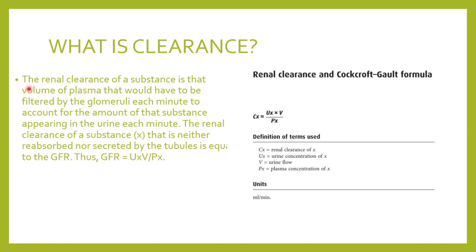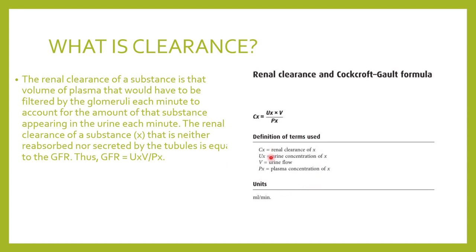How much volume of plasma would have to be filtered by the glomeruli? कितना volume of plasma glomerulus को filter करना है each minute? Why? To account for the amount of that substance appearing in the urine each minute.